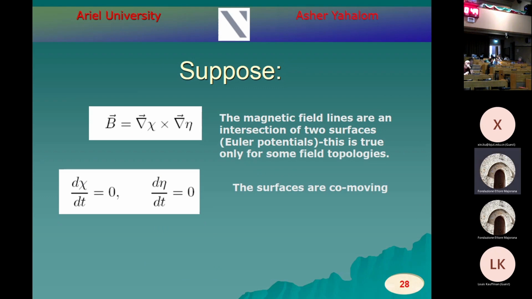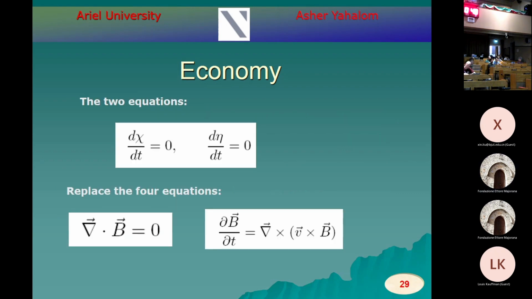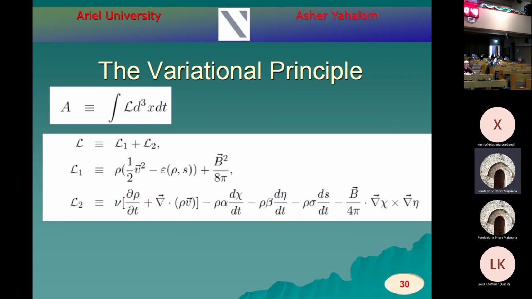So if you do the mathematics, you can show that you can write B as grad chi cross grad eta, and those surfaces will be co-moving. So this is a kind of economy because you replace those equations that you had initially, the natural equation, with just those two equations, and this is less equations.